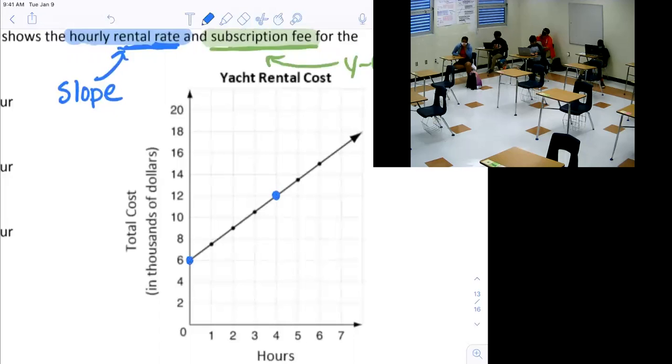Perfect. So I can do rise over run and be very careful because the rise is in thousands of dollars. So when you look, the rise is 6, but it's not just 6, it's 6,000. And then the run, if I count, every box is 1, so this would be 4.